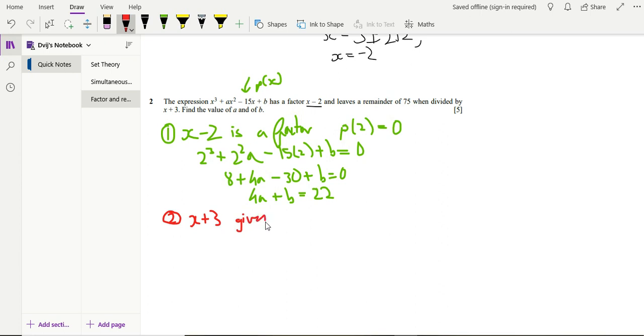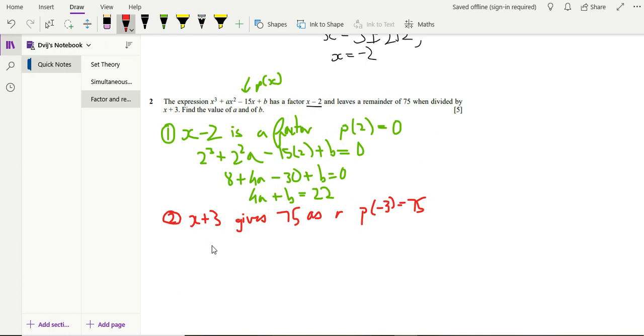From what we've learned, that must mean p of negative 3, remember, if this was equal to 0, you have to bring the 3 over and you get x is negative 3. So p of negative 3 is going to be equal to 75. Remember, it's not equal to 0 since it's not a factor, but it's equal to 75 this time.